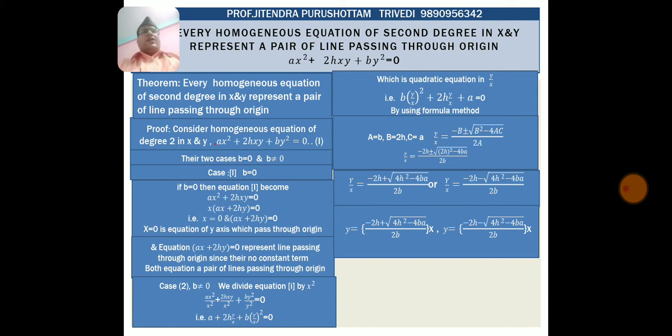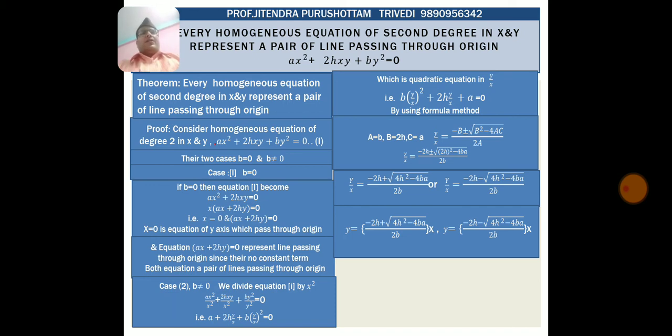So y = ((−2h + √(4h² − 4ab))/2b)x, and y = ((−2h − √(4h² − 4ab))/2b)x.